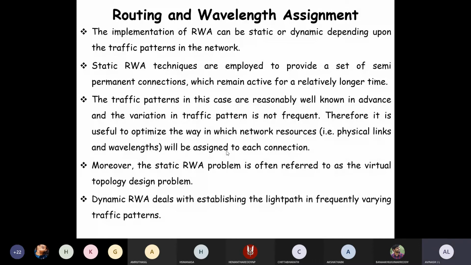The RWA problem is often referred to as the topology design problem. This routing and wavelength assignment problem is referred to as the virtual topology design.